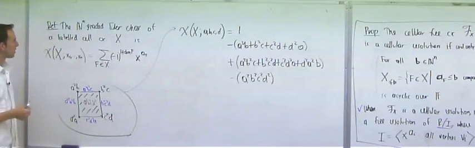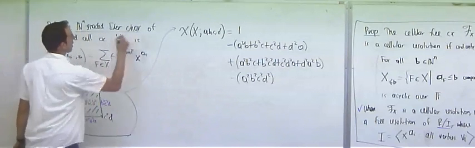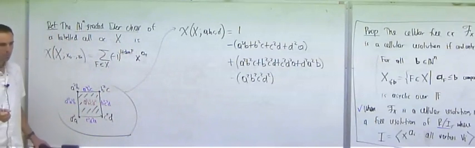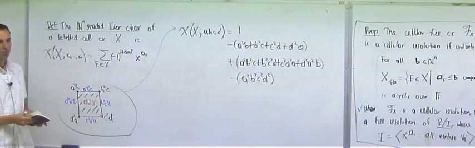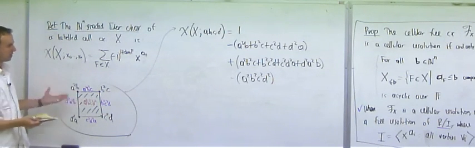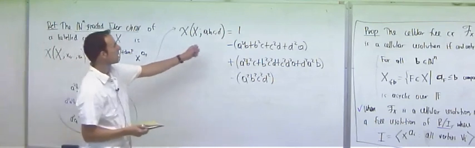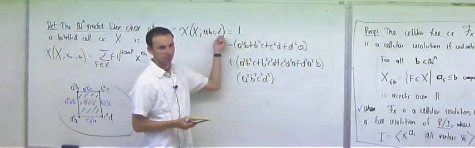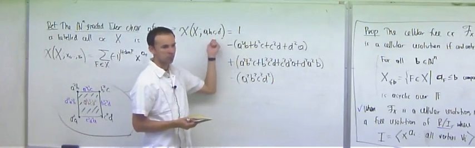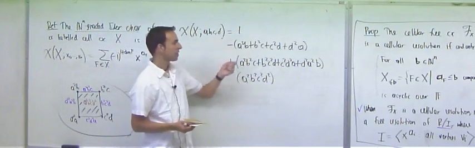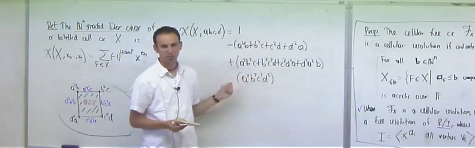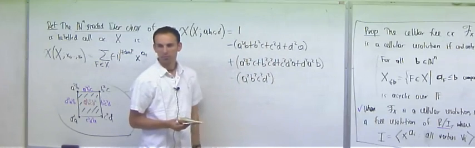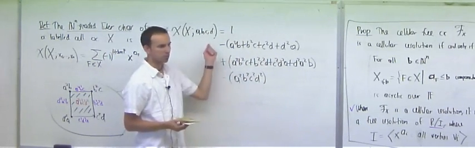So that is the graded Euler characteristic. Okay. And you can see that this is really closely related to the Euler characteristic. And why is that? Because if you plug in all the variables equal to 1, right, if you let a equals 1, b equals 1, c equals 1, d equals 1, then you're going to get the empty face minus the number of vertices plus the number of edges minus the number of faces. So if you plug in ones, you get the Euler characteristic.